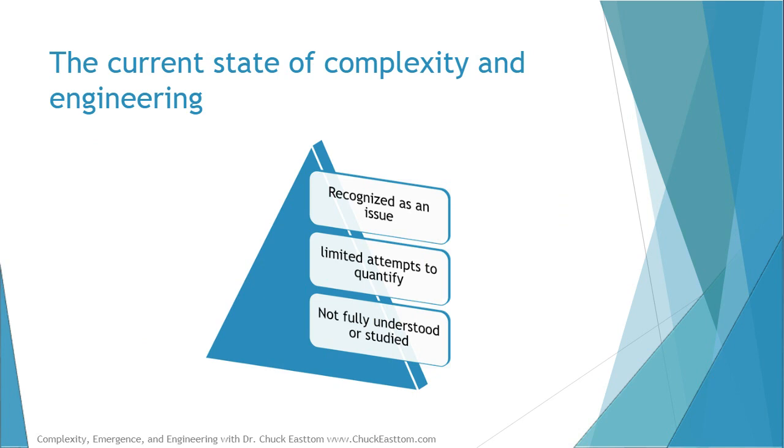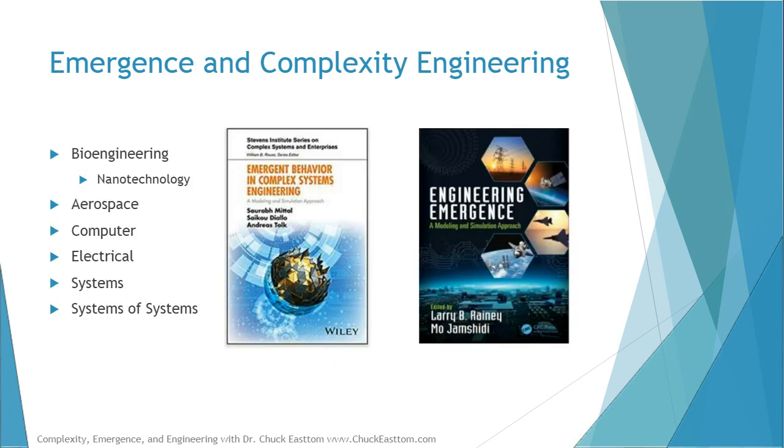If you look at most systems engineering textbooks, they will simply state that complex systems can have emergent behaviors, emergent properties that we did not plan for, and that can lead to problems. Well, that's great, but that doesn't take us far enough. There have been some limited mathematical attempts to help us understand it, but it's not fully understood. And we're leading to something here at the end. Here's a few nice books on the topic.